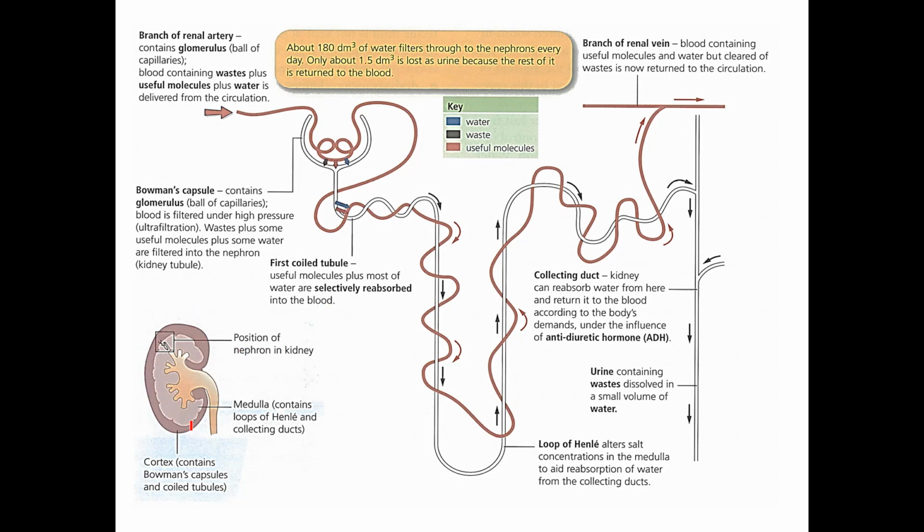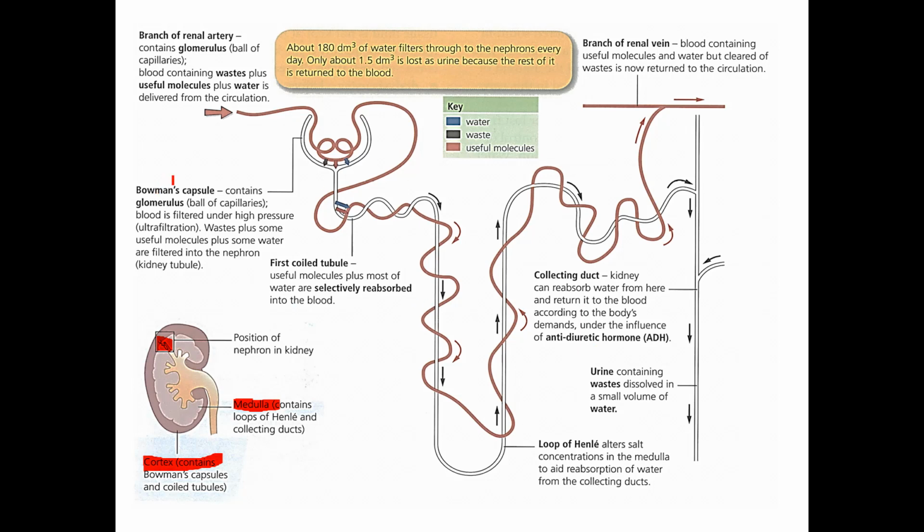Firstly, the kidney consists of two main parts. The outer part we call the cortex, and the innermost part we call the medulla. And this part here is the nephron. If we take a nephron and zoom in, it will show us in this way.